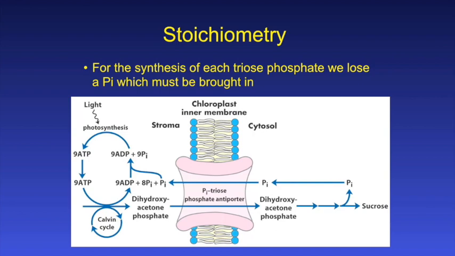And so what happens is that light comes in, photosynthesis happens, I create lots and lots of ATPs. And I go through the Calvin cycles, and to make 1 3-carbon intermediate, I have invested, it says, 9 ATPs.